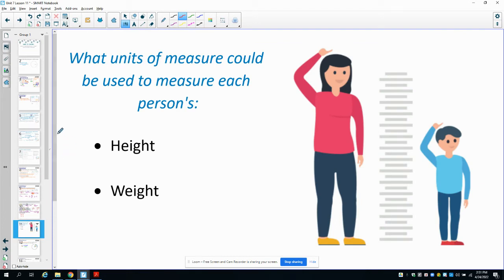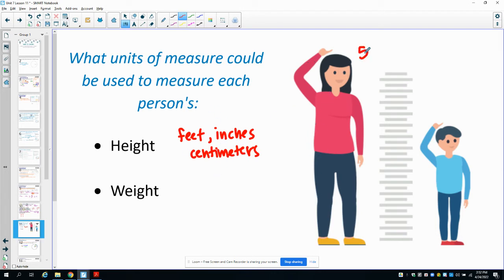All right, so we are going to take a look at another way of measuring angles. First, let's talk about the different ways that we could measure a person's height and a person's weight. What are some units of measure that we use to measure height? That could be feet. We could measure people's height in inches. We could measure in centimeters. There's a variety of ways that we can measure somebody's height.